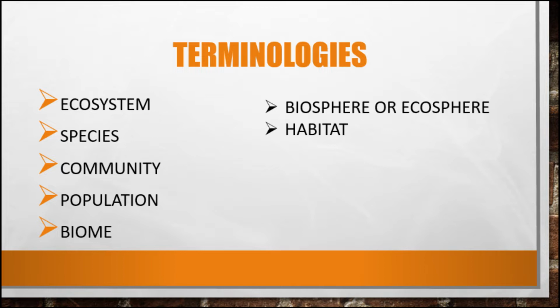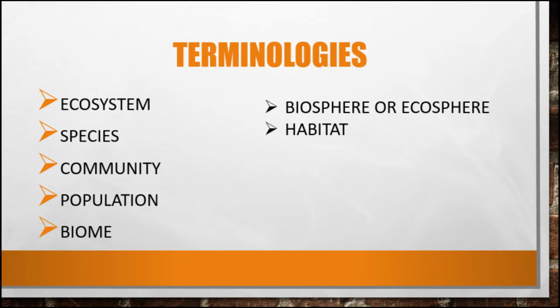The difference between ecology and ecosystem is that ecology is the study. You study the ecosystem or you study the interaction. The ecosystem is a stable natural unit in which the living organisms and their habitat interact. Are you getting it? All right.